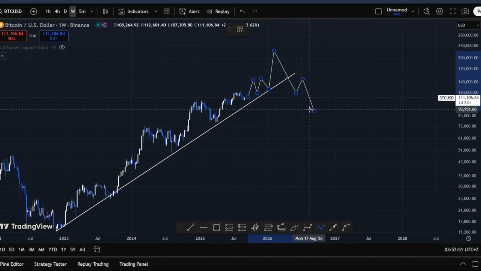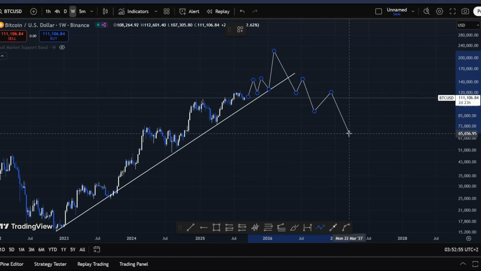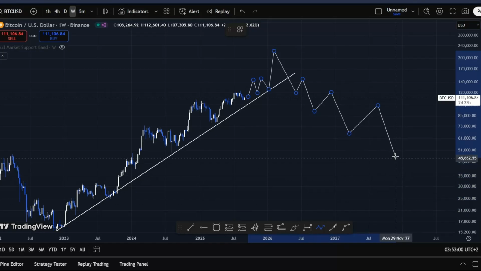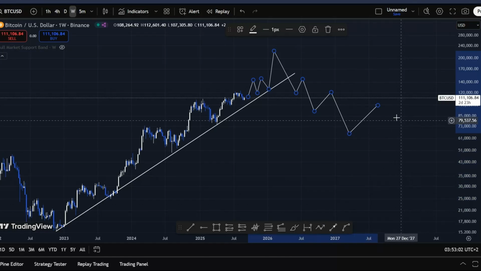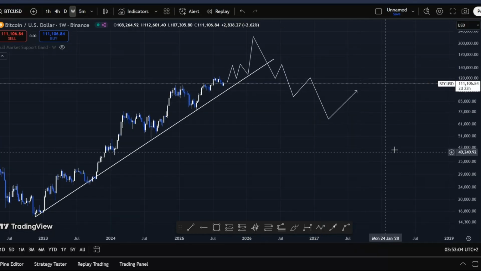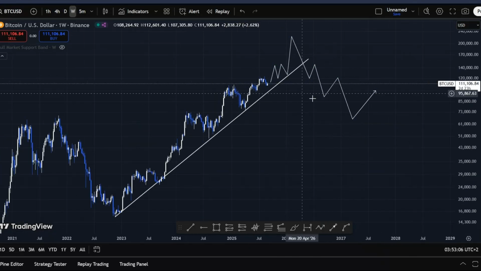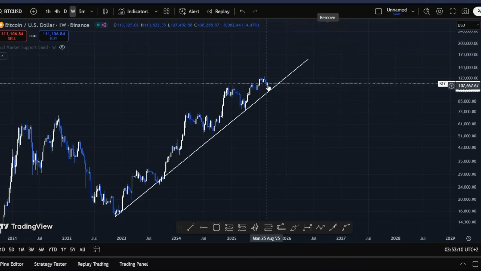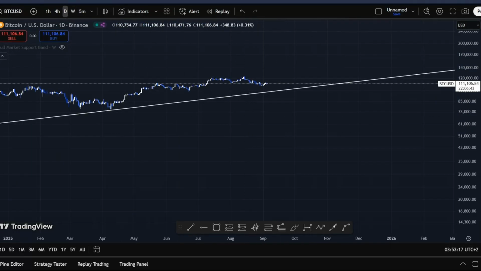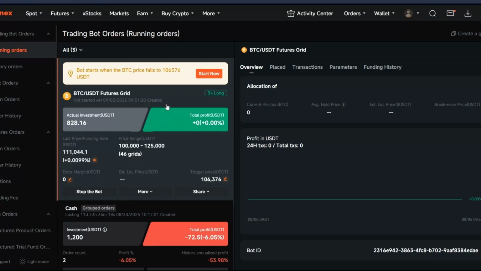It will do a lower low, a lower high, a lower low, and down we go. Probably the bottom will be around 70,000 for the bear market in 2026. But yeah, that's coming. So for now, we still think that we have 2-3 more months of price going up. So that's why I'm setting my bot in a long position.